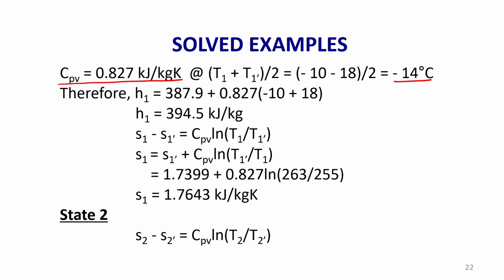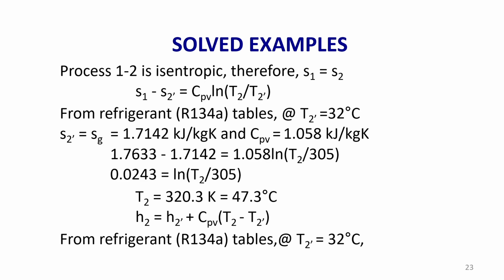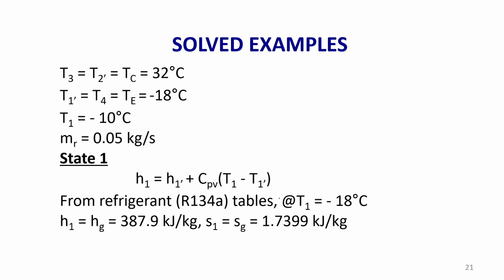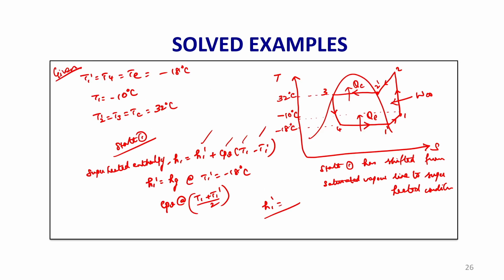Here for state 2, I have written the same formula, S2 minus S2 dash is equal to Cp of vapor into ln of T2 by T2 dash. Now this temperature at 2 will vary, it will not be 39.5, follow a similar procedure. Temperature at 2 is 47.3. This is because in the previous case T1 was minus 18 and T2 was 39.5, but here T1 is different, T1 is minus 10.